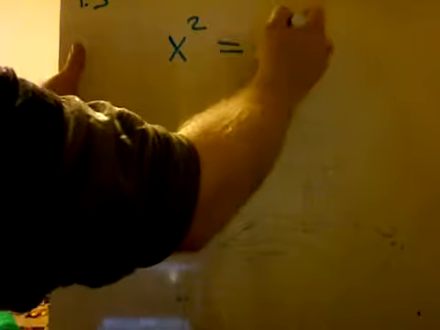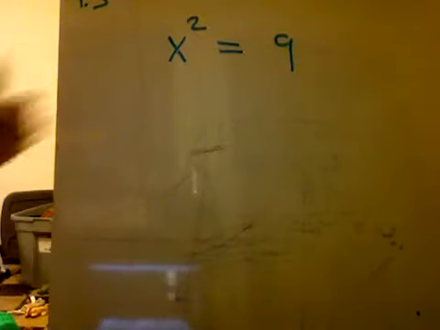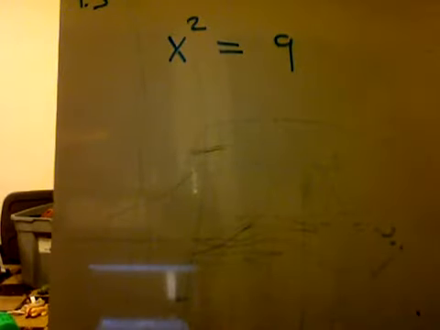Okay? So what if we have x squared equals 9? Okay? We can solve for what x is. The idea is we want x to be all by itself. We're isolating the variable just like we've done in the past. We want x to be all alone. Okay?